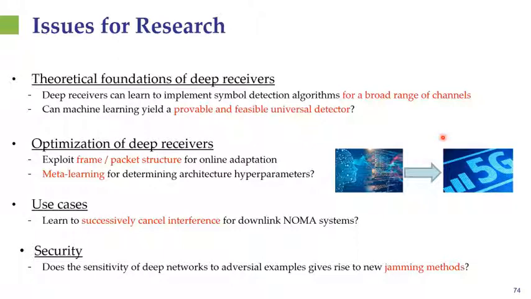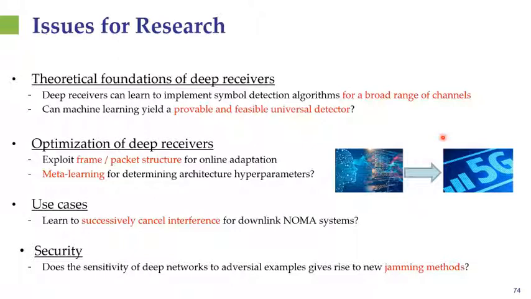This indicates that perhaps by utilizing machine learning, one can implement a feasible and hopefully also provable universal detector, namely a detector which is capable of achieving performance within a controllable gap from the optimal performance over a broad range of different statistical channels.